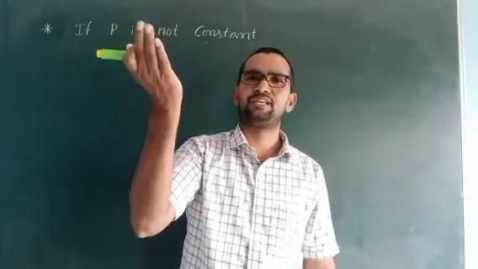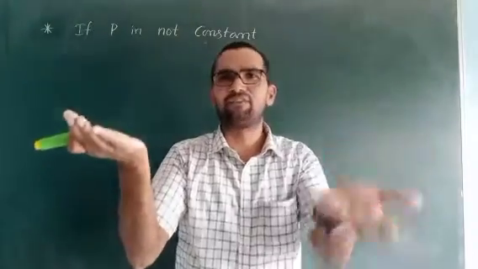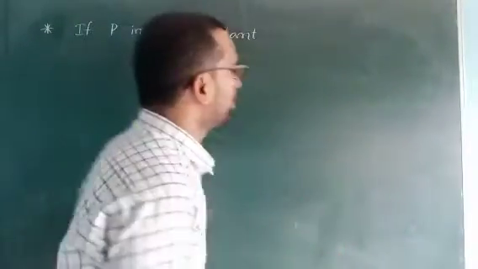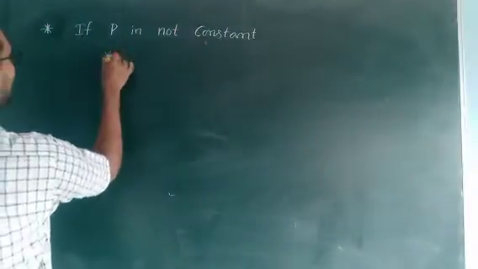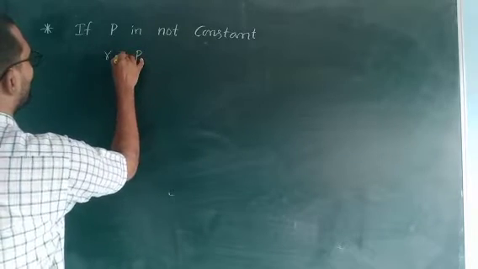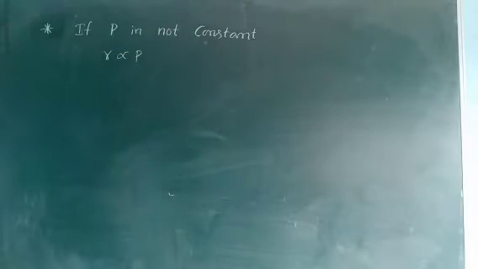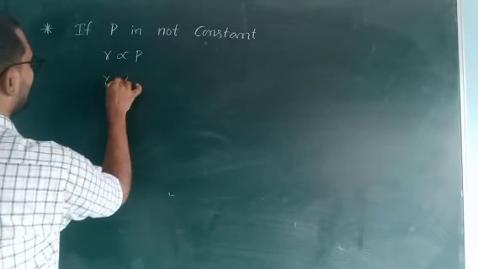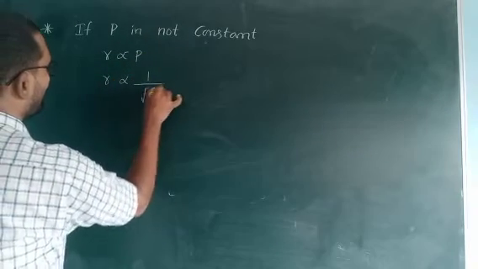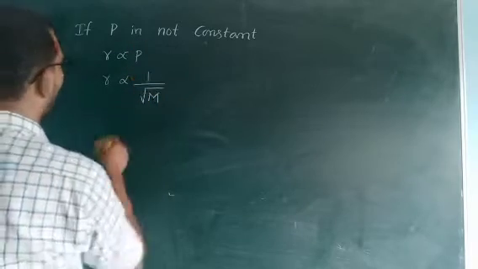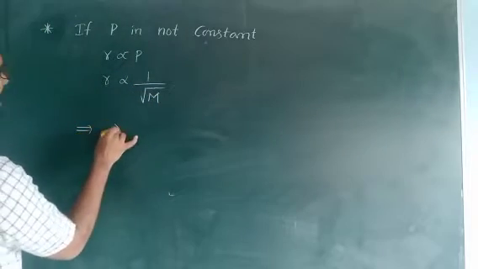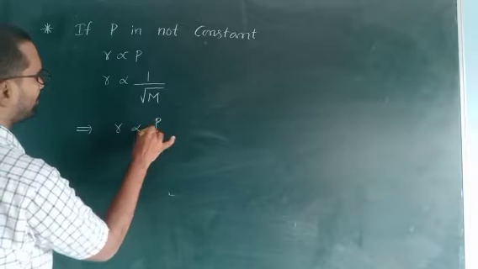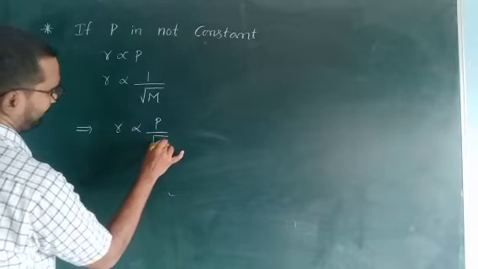If pressure increases, rate of diffusion also increases. So R is directly proportional to pressure. And we know that R is inversely proportional to the square root of its molecular mass. Now combining these two, what will happen? R is directly proportional to P by root M.